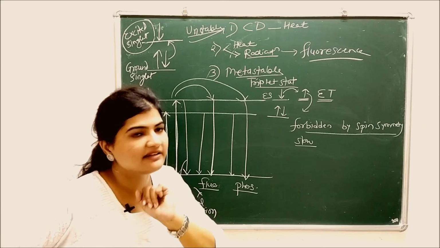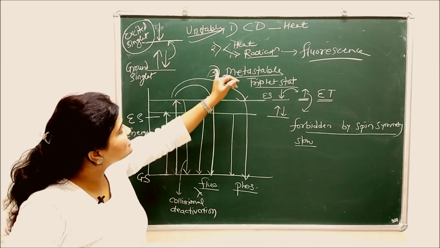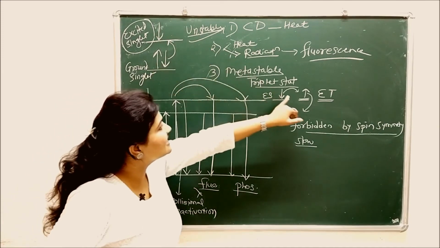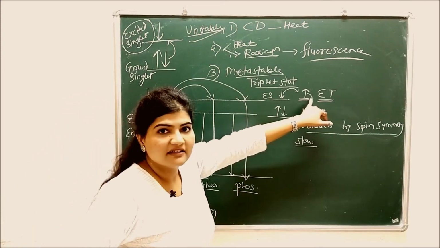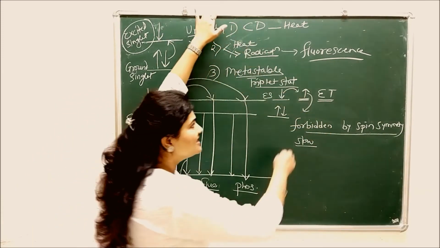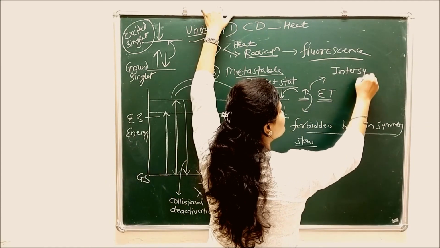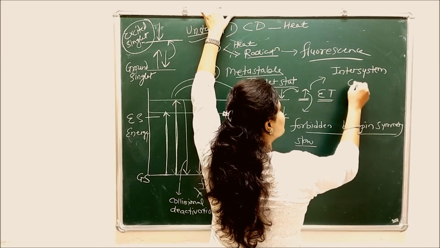Now one more thing I'll tell you. The third step, which converts the excited singlet to the excited triplet, is called intersystem crossing.